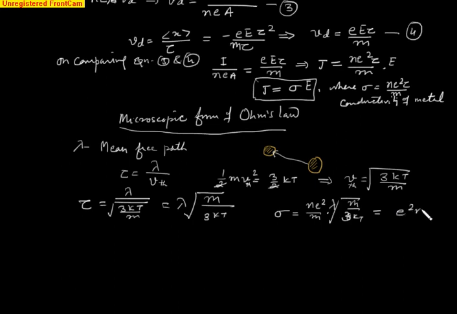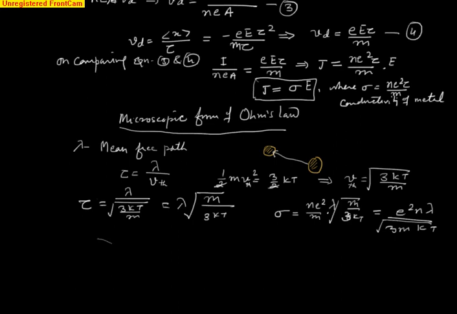Which gives me e squared N lambda divided by the square root of 3mkT. So in this expression you find that in the numerator everything is constant, in the denominator 3mk is constant, but T is varying here, as conditions vary with temperature.